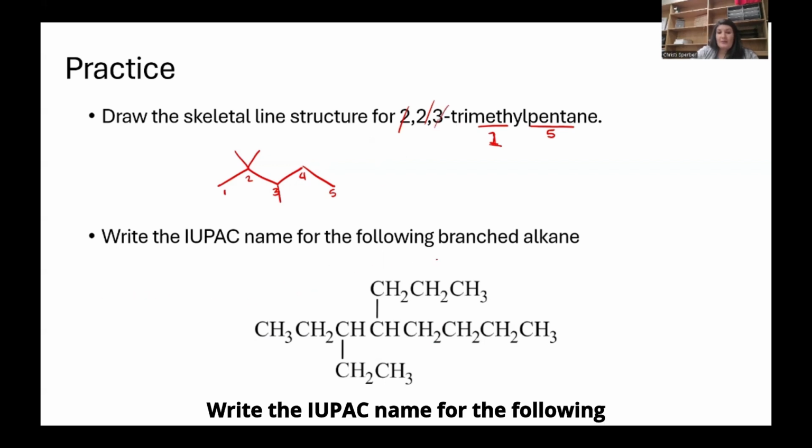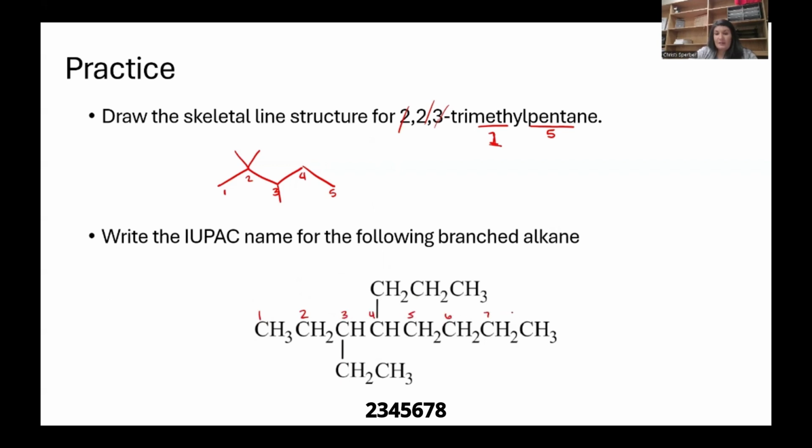Write the IUPAC name for the following branched alkane. So I'm going to number my longest chain and do 1, 2, 3, 4, 5, 6, 7, 8. I'm going to double check that that's my longest one. So if I went 1, 2, 3, 4, and then up, this would be 5, 6, 7. 7 is shorter than 8, so this is my longest one.